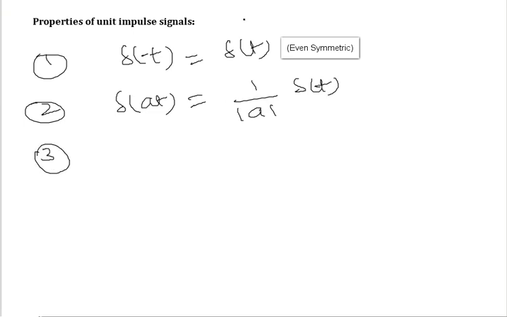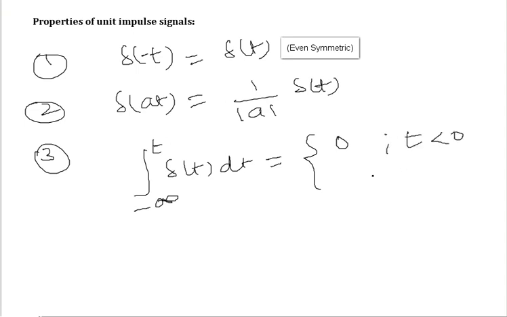The third property is that the integration from minus infinity to t of delta tau d tau is equal to 0 if t is less than 0 and equal to 1 if t is greater than or equal to 0.